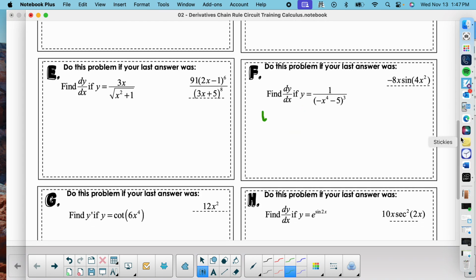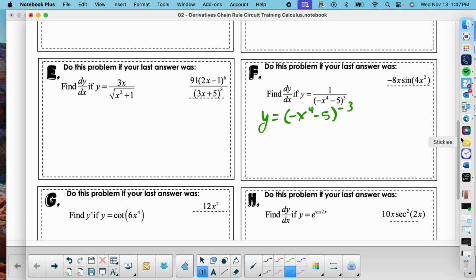Okay, first thing, rewrite the original problem as the negative third power. If we're gonna do one of these derivatives from up on the whiteboard, it has to be one of these categories, right? So it has to either be a power, a trig function, or natural log, or e to the something.